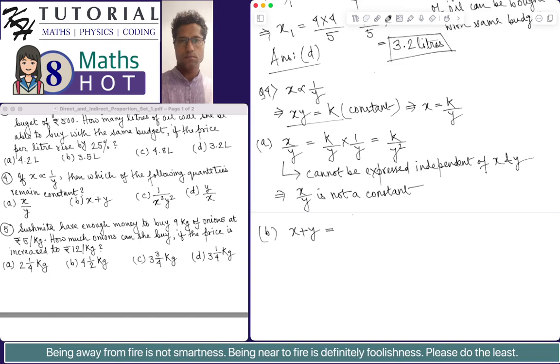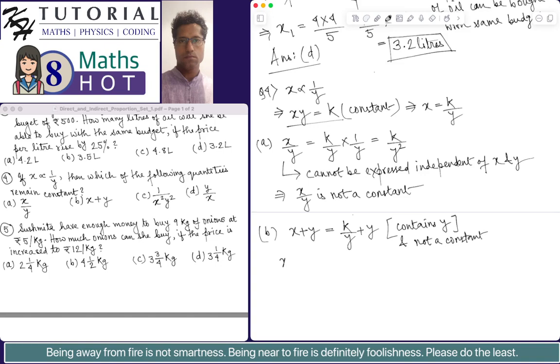So this can be written as k by y plus y. So this definitely contains y, so this is not independent of y and not a constant.